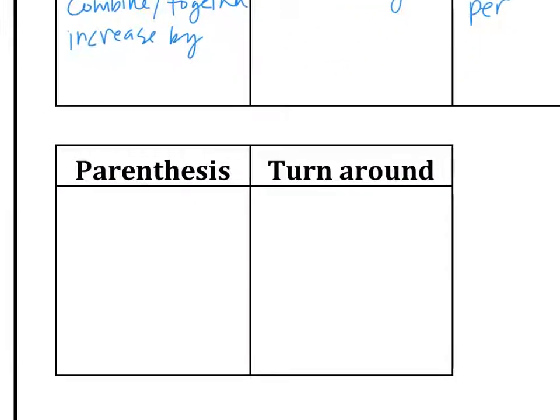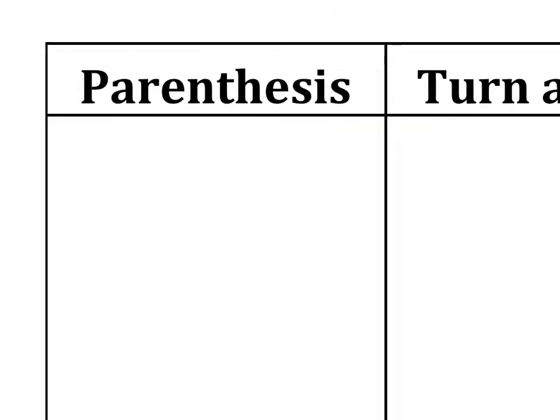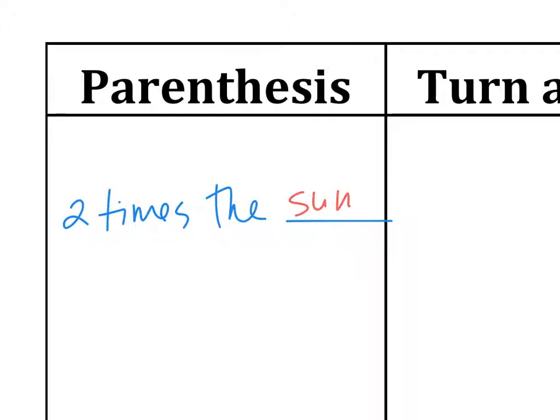Okay, next. Parentheses. How do you know when you're going to put a parentheses on this thing? This is a little bit weird. So if you say, let's change this, 2 times the, and then let's say they say sum, and then of. 2 times the sum of. So we know that it's 2, and then times means multiply.